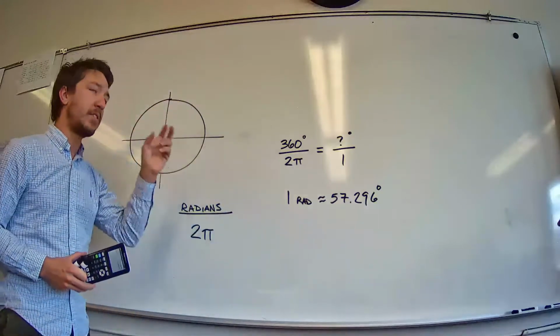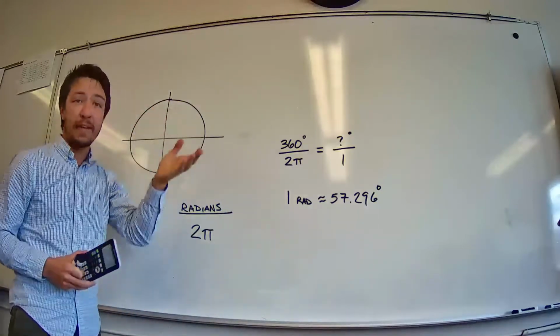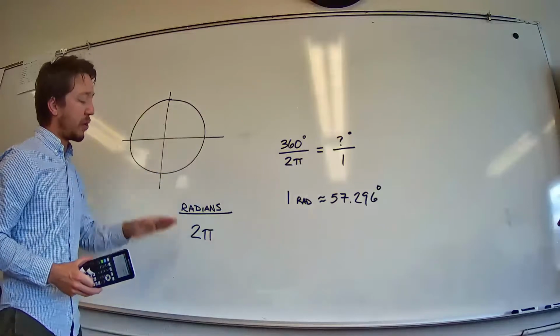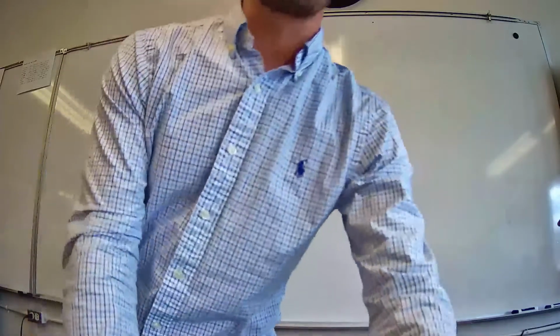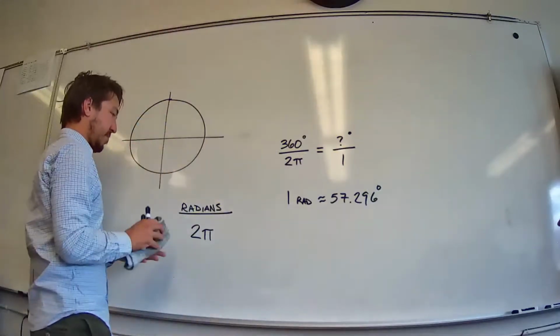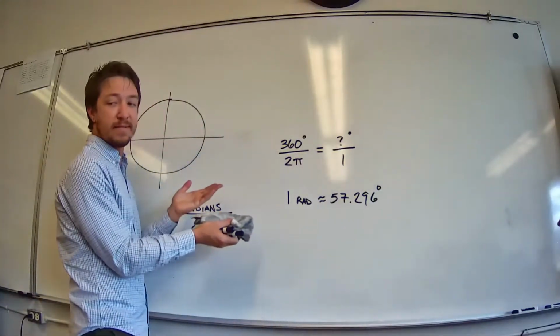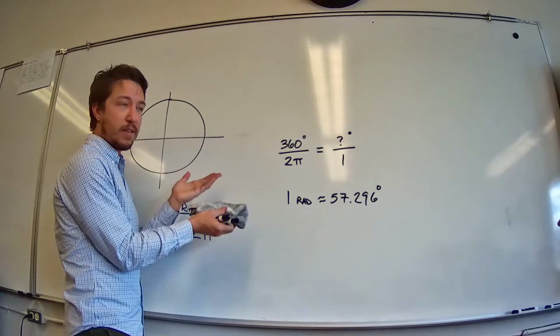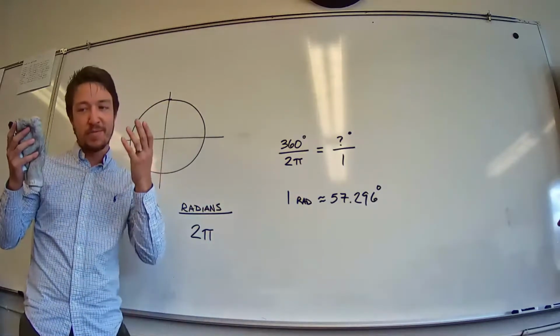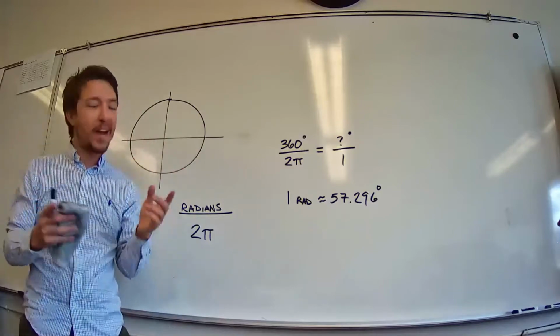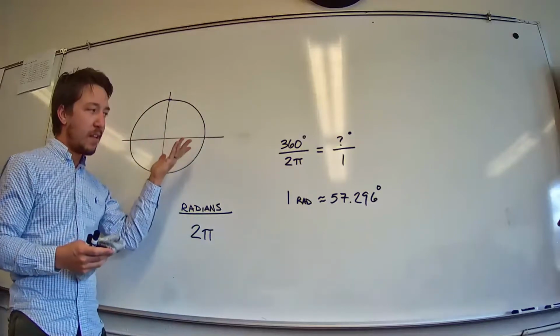Well, here's the thing. Radians are most well behaved when there's some fraction of pi. So that's where the whole pi over 6, pi over 3 comes in. Let's go over a couple examples. Have I confused you greatly? Okay, let's just back up. There's roughly 6.28 radians, or 2 pi radians in a circle.